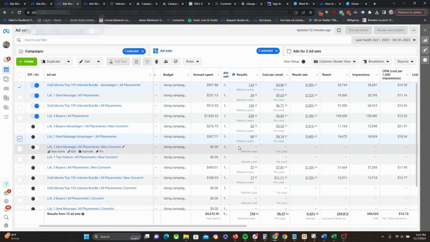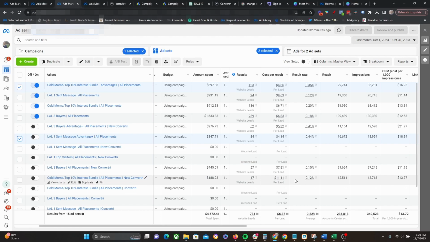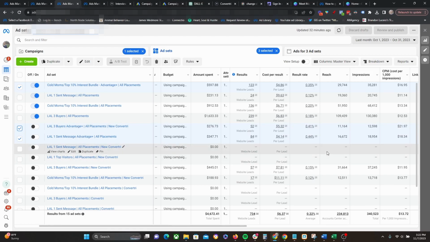So when this test ran, these were the originals down here. And as you can see here, before launching the Advantage Plus, it was anywhere between essentially $8 and $11. And that actually was higher than what we were previously targeting. Actually, here's the other Advantage Plus. There we go. I found them all. So those are the Advantage Plus and non-Advantage Plus.